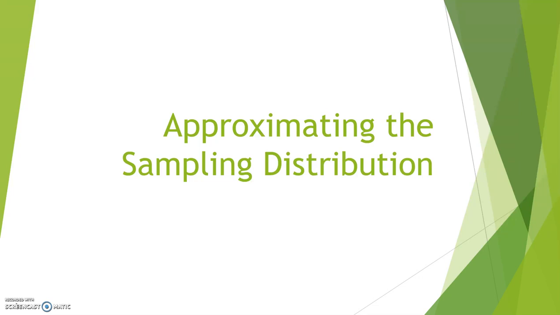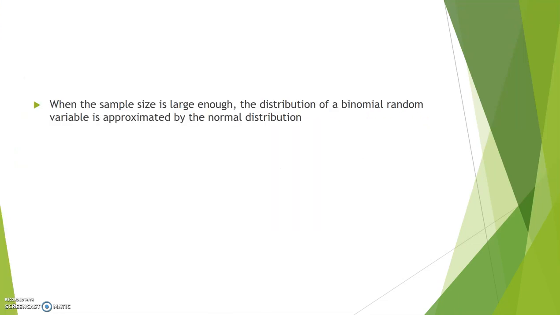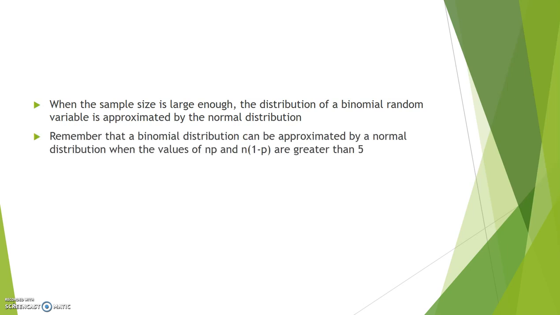In this tutorial, we're going to look at approximating the sampling distribution for a sample proportion by using a normal distribution. You will remember when we were looking at the normal distribution, we learnt that if the sample size is large enough, the distribution of a binomial random variable is approximated by the normal distribution.